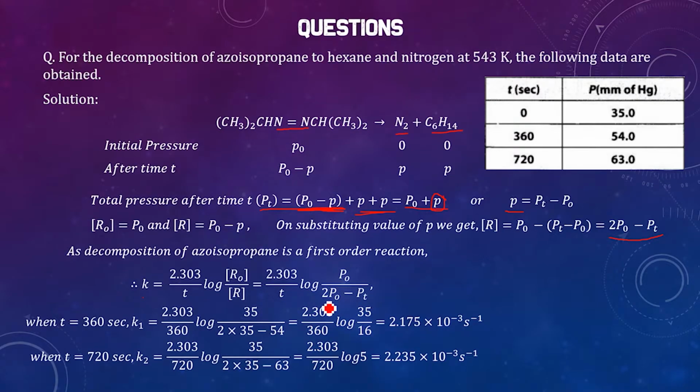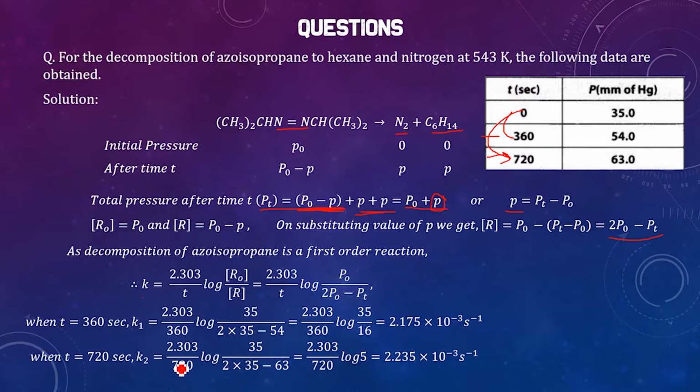Now there are two times given, so at every time we will find K. Let's do it for 360 seconds. That means 0 to 360 is the first case, and 0 to 720 is the second case. Got it? So we will check.